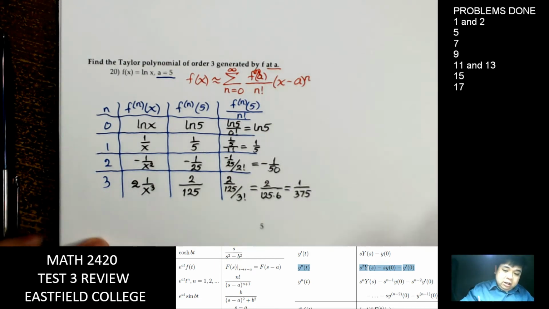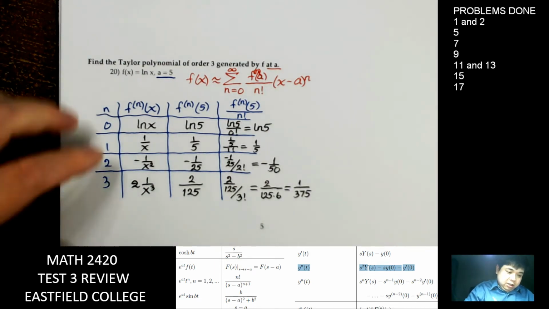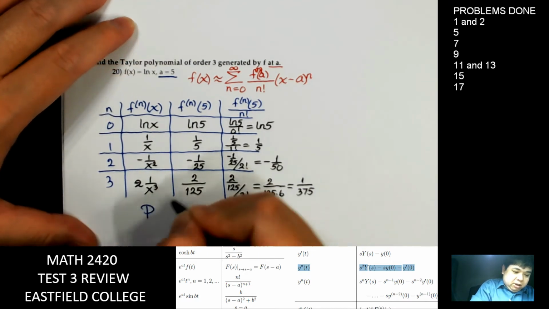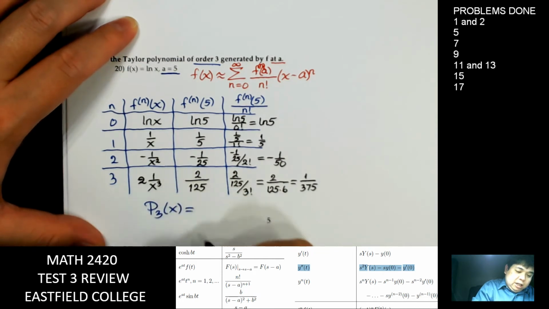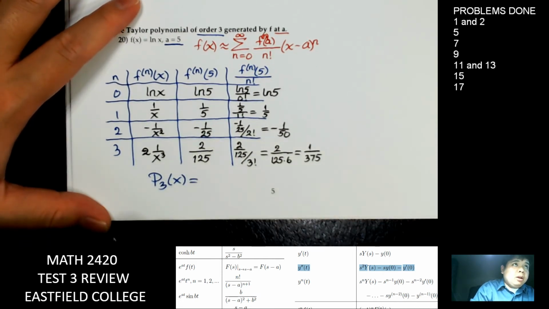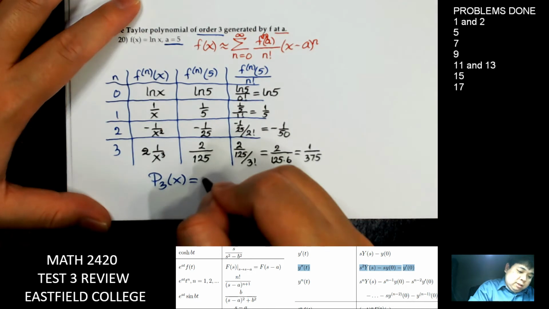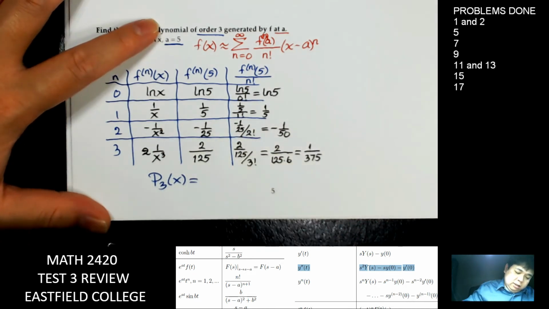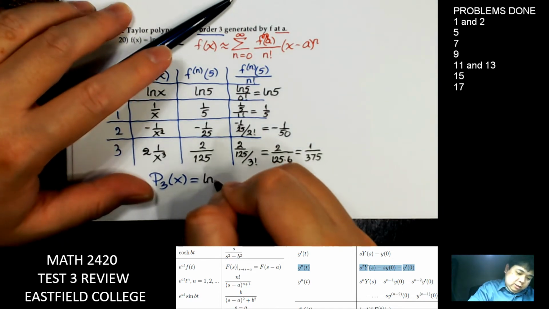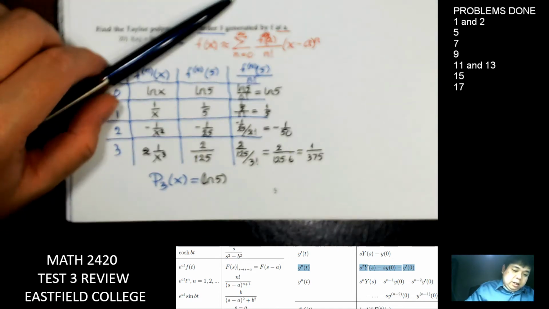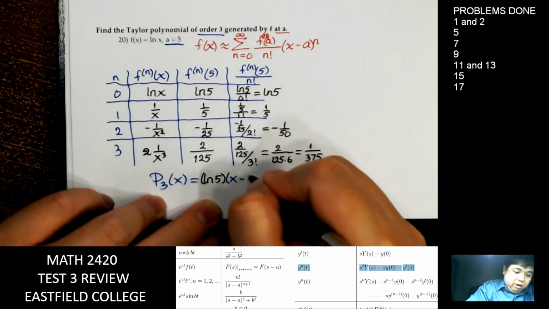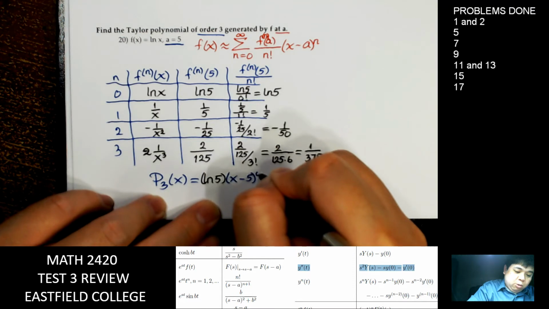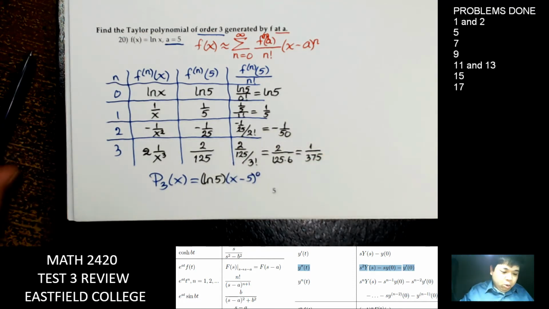And finally, the series. Let's set the order 3, so we say P3 of x equals the first term, and then we have x minus a, which is 5, the first one to the 0 power, pretty much that goes to 1.